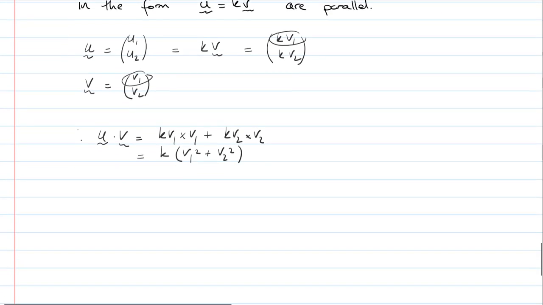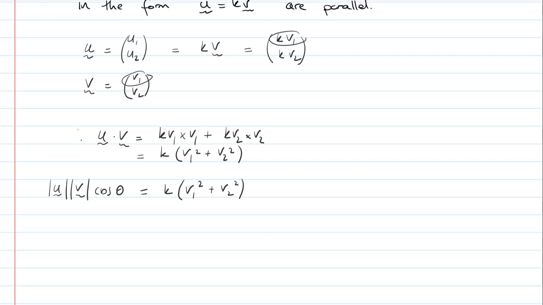Now, of course, we want to show that the angle between them is 0. If we have these two next to each other, that will prove that they're parallel. So therefore we say, well, the magnitude of u times the magnitude of v cos theta is equal to this stuff. Now, this is generalized, so it's a bit tricky.